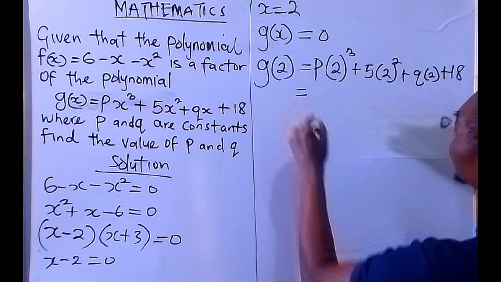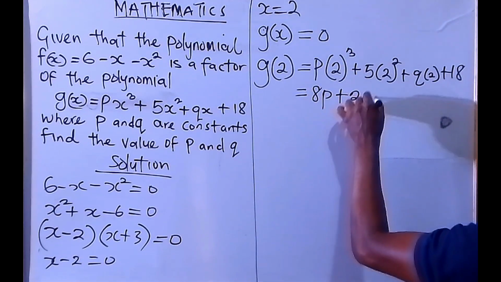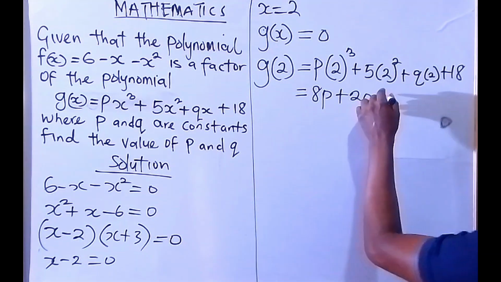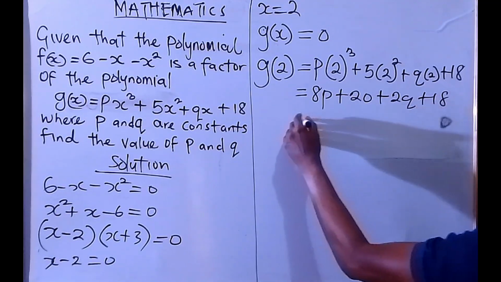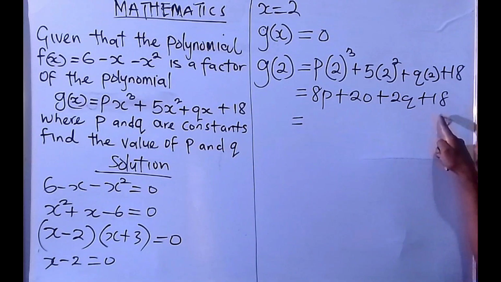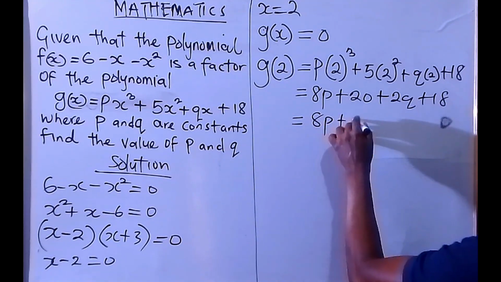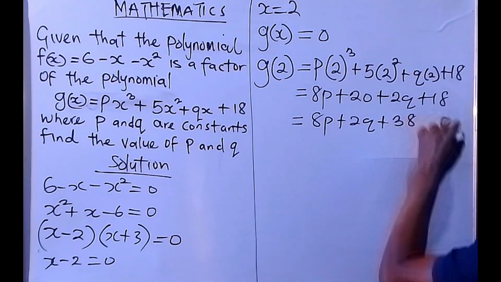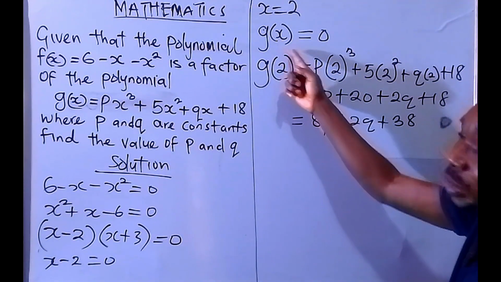So at this point, if you simplify, we are going to have 8p plus 20 plus 2q plus 18. If you go ahead to simplify, you're going to have 20 plus 18 is 38. So I have 8p plus 2q plus 38.